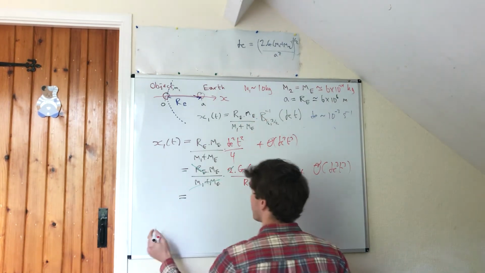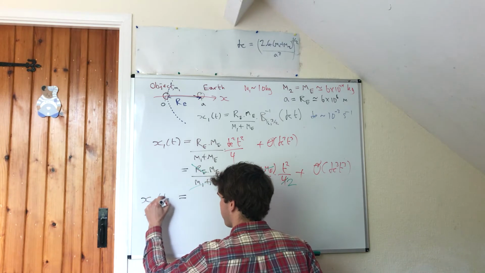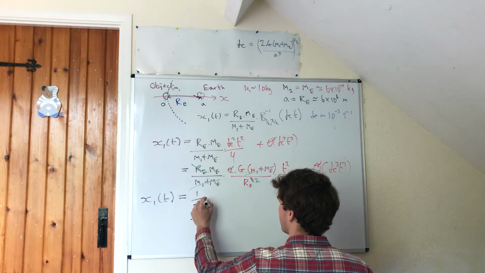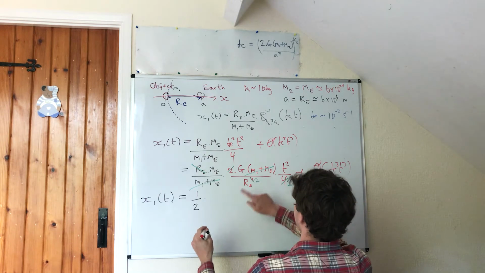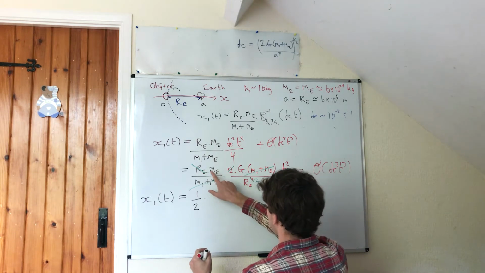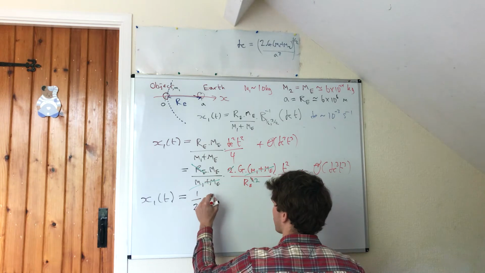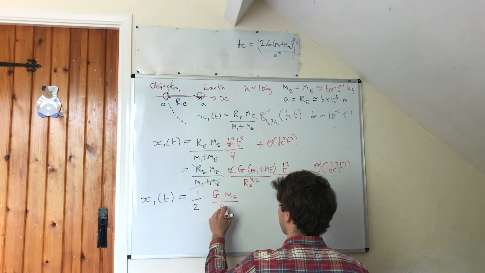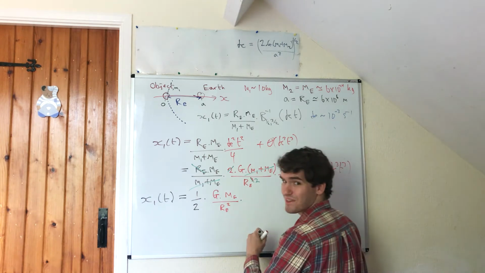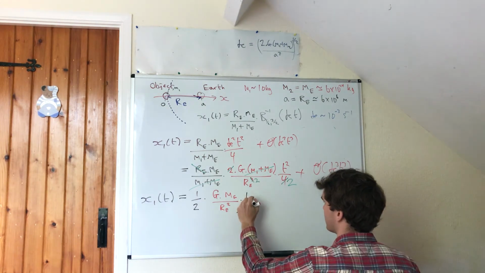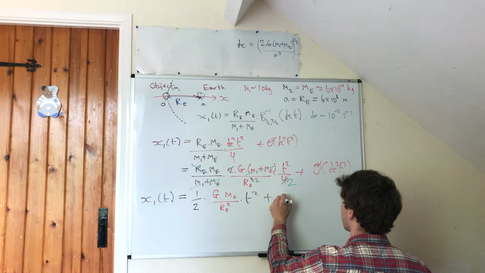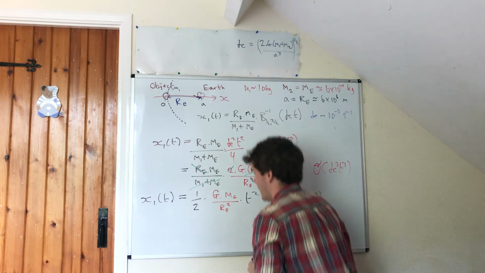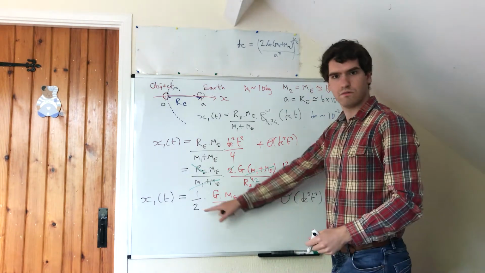So we get x1 of time is equal to a half multiplied by, now what have we got left? We've got big G, mass of the Earth, divided by radius of the Earth squared, times t squared, plus higher order terms which we don't care about. So we've got this solution.